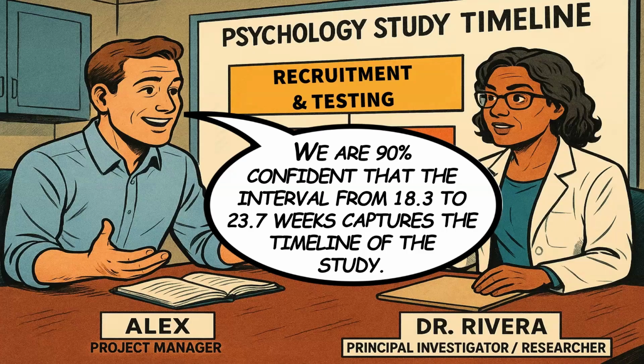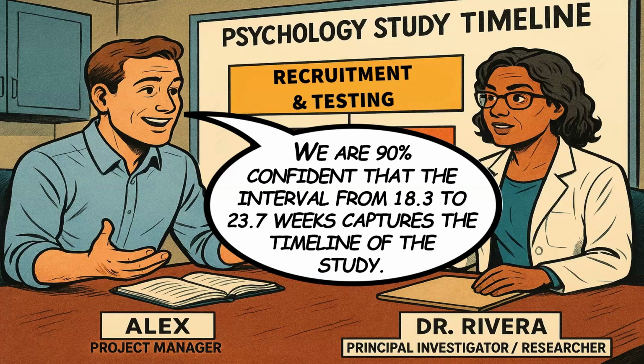Now notice, one thing to remember about confidence intervals is that your confidence interval is predicting the timeline of the study. So you will come across people who say that there are certain ways to interpret a confidence interval, certain ways to talk about it.